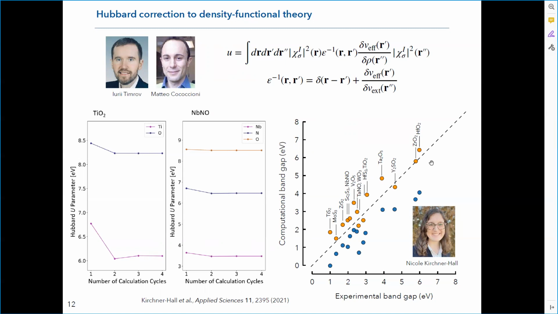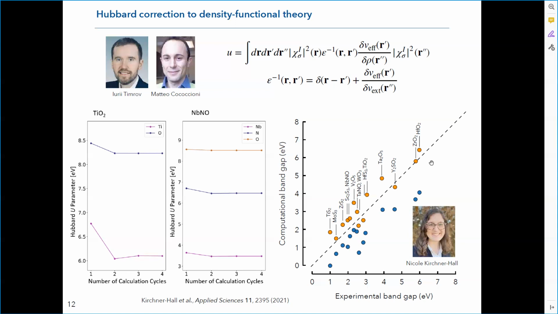This expression involves the derivative of the effective potential, because we're dealing with an effective theory that we would like to correct with respect to the charge density. So you have here a non-local operator. And the second non-local operator that is involved is the dielectric constant that essentially accounts for orbital relaxation and orbital screening effect that is extremely important if you don't want to overestimate this correction.